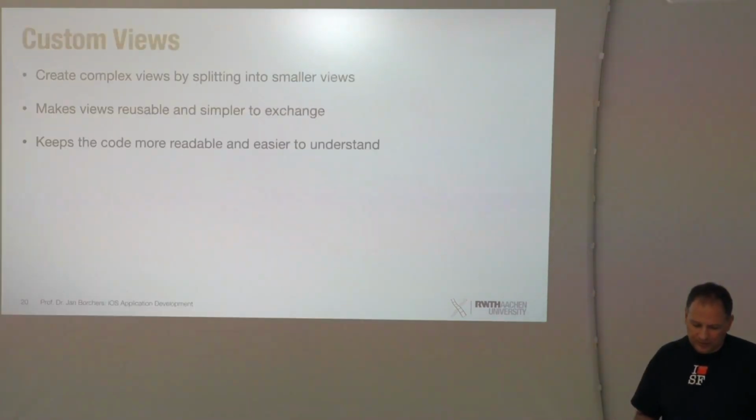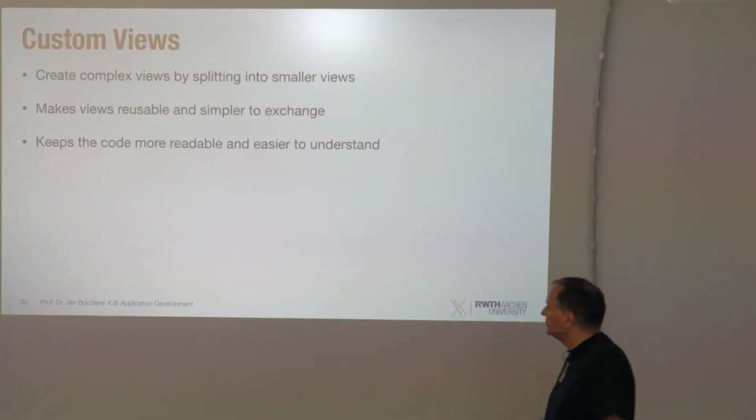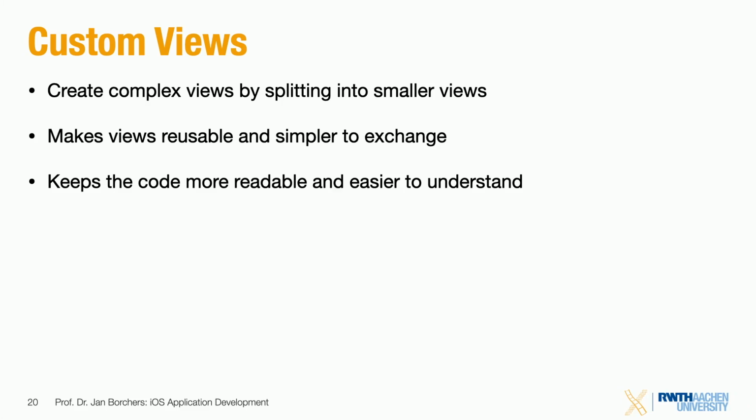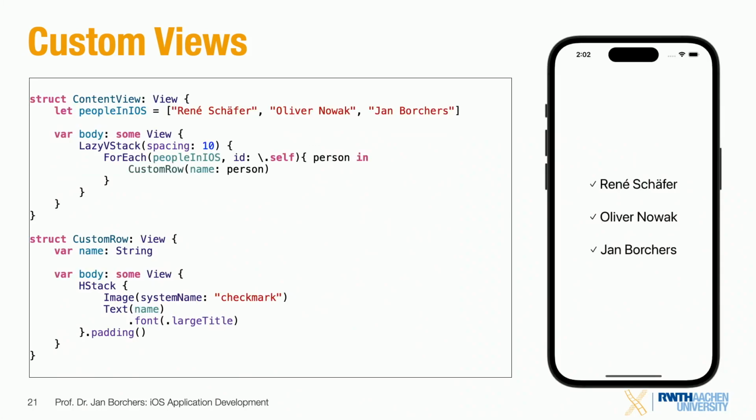So what you can do is pull things out. When you have a complex view, you want to pull out smaller parts so that you can handle your code a little better. So we'll show you an example of how that can be done. Here's code where we are putting a check mark in front of each name, right?